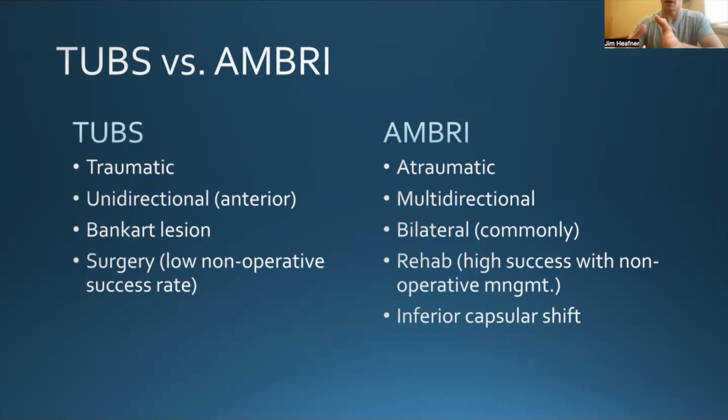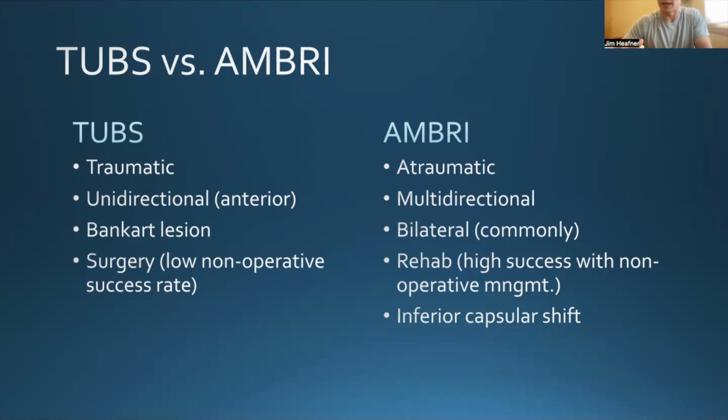AMBRI is the other population of people who have shoulder instability events. These are atraumatic. So this person might just dislocate as they are doing something normal around the day. They have instability and weakness in multiple directions. These people might be hyperlax, or they might have a connective tissue type of problem.